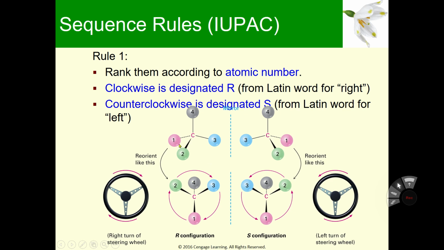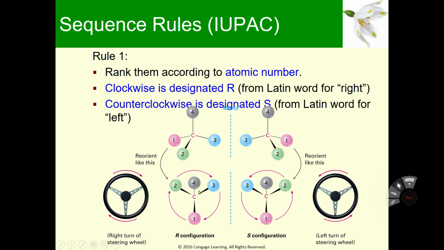Let's assume the sequence priority is number 1, 2, 3, 4. Then in order to assign the configuration of this isomer, you put the lowest sequence priority in the back, like this. The dotted line represents going to the back, and the wedge represents coming toward you, okay?